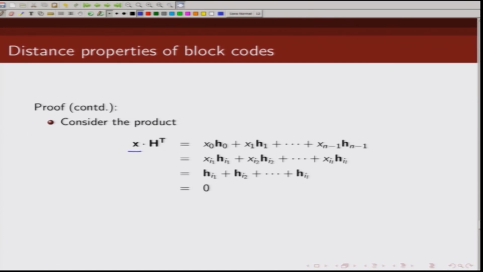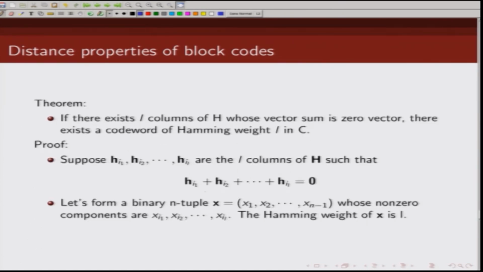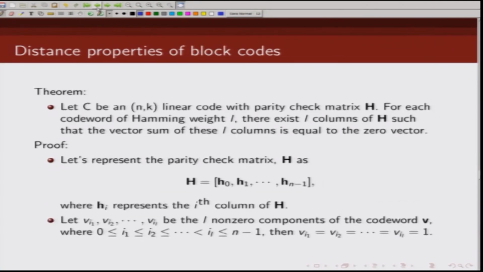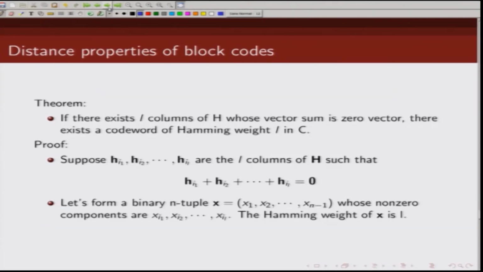So, we have shown that if the vector sum of L columns of parity check matrix H is 0, then there exists a code word of Hamming weight L. Now, using these two theorems, we can make the following observations.